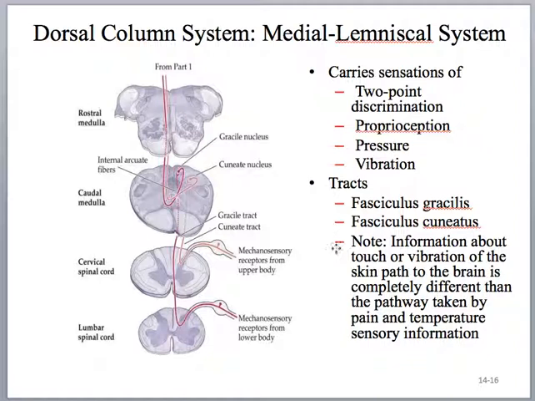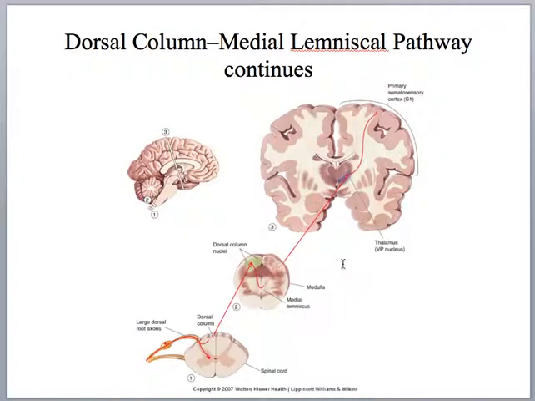Again, these carry information for touch and vibration of the skin, and the path to the brain is completely different from that, for example, of pain and temperature. This shows a little bit more of what we just talked about in terms of how the dorsal column nuclei, gracilis and cuneatus, the second order neurons, are going to synapse into the thalamus, the ventroposterior lateral thalamic nucleus, and then from there they're relayed to the primary sensory cortex.